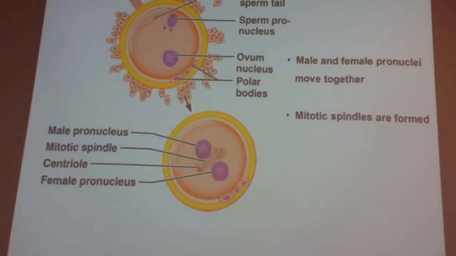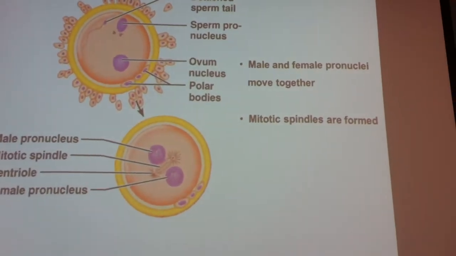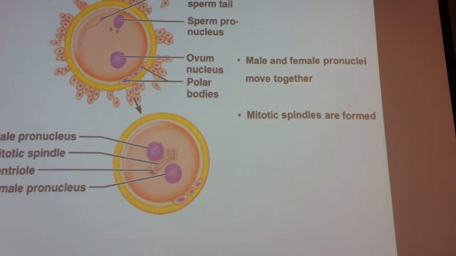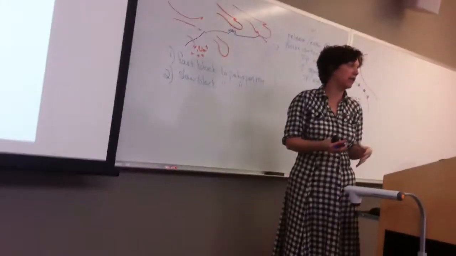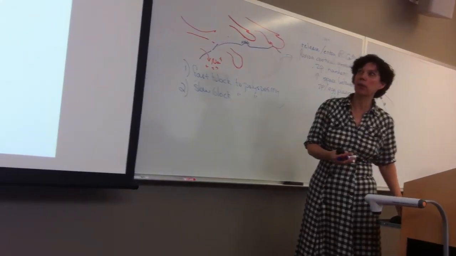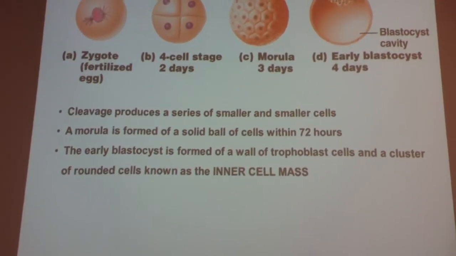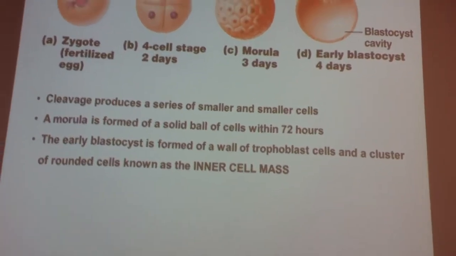That zona pellucida, by the way, stays around all of these cells as they continue to undergo mitosis until they're found within the uterine cavity. And then it breaks down, in a process known as hatching. So notice the size of the cells as cell division occurs.